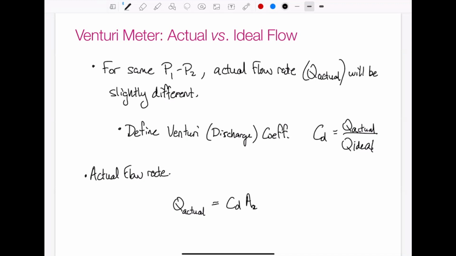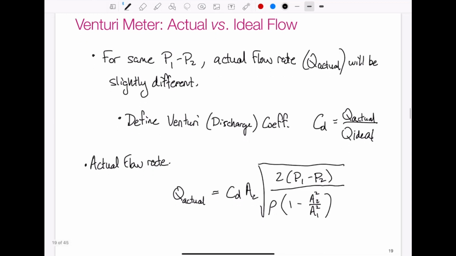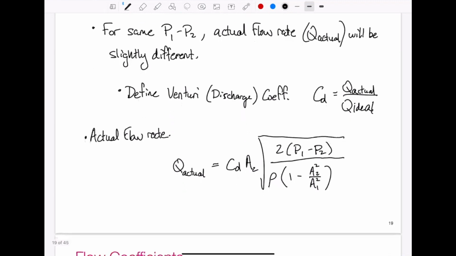In the diagram above, section 2 was at the throat, times the square root of 2 times (P1 minus P2) divided by rho times (1 minus A2 squared over A1 squared). So it's the same equation, I just wrote it slightly differently in the denominator. Maybe it's a little more clear.